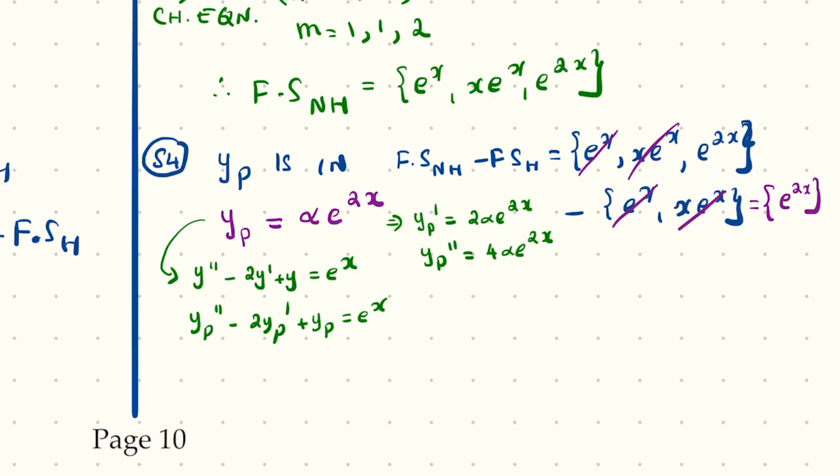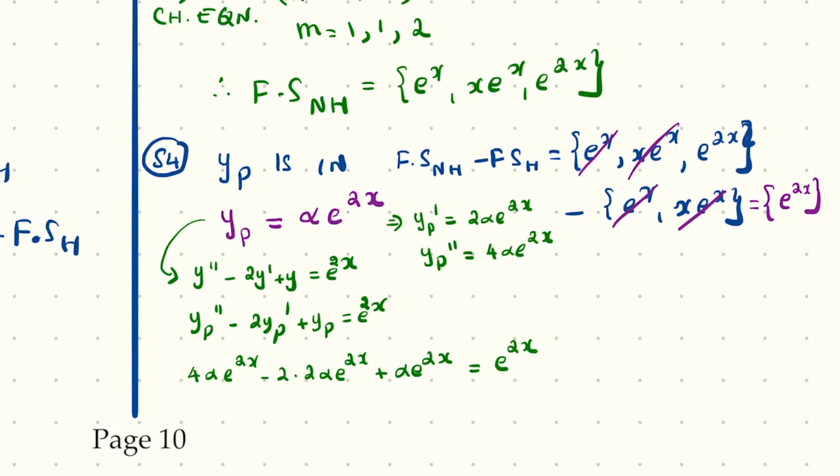And if I plug all this information back into this differential equation, you would agree with me that I am going to have 4 alpha e to the 2x minus 2 times 2 alpha e to the 2x, because that's yp prime, plus alpha e to the 2x. I made a mistake here. This is supposed to be e to the 2x, and that is supposed to be equal to e to the 2x.